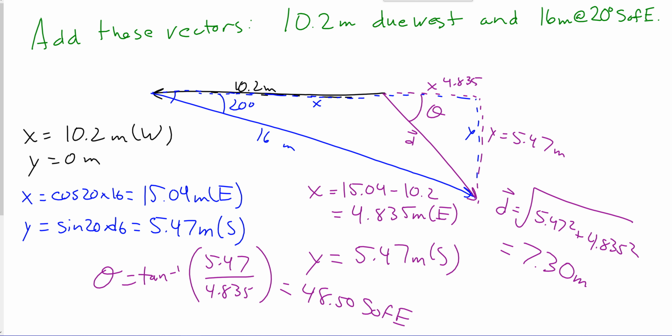Now I've only got two significant digits, so my final answer would be 7.3 meters at 49 degrees south of east, or possibly at 41 degrees east of south. Either one of those would be acceptable.